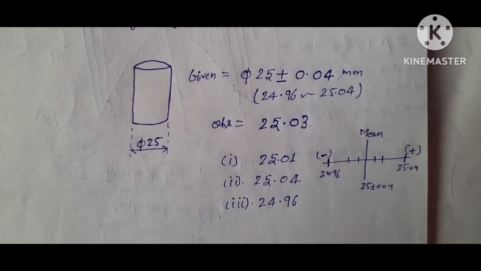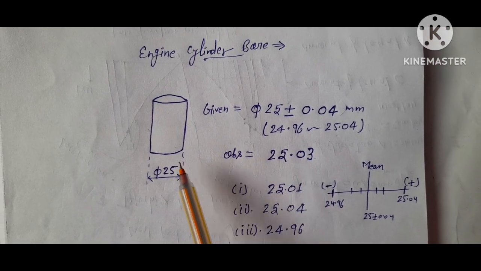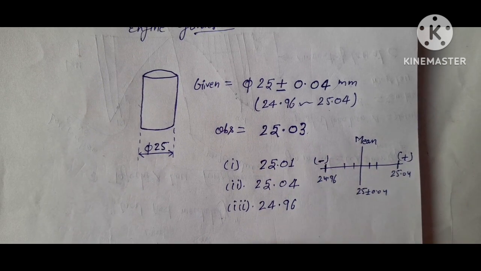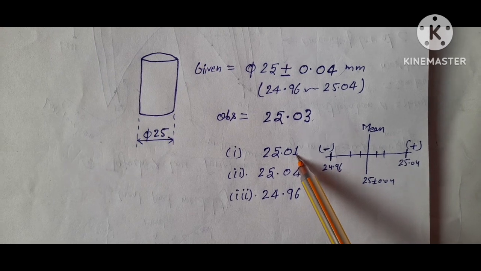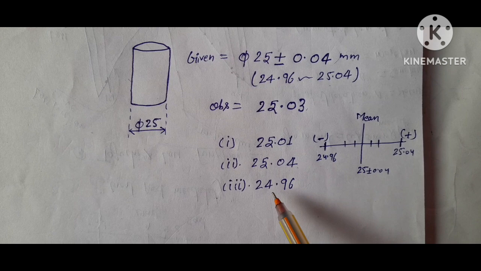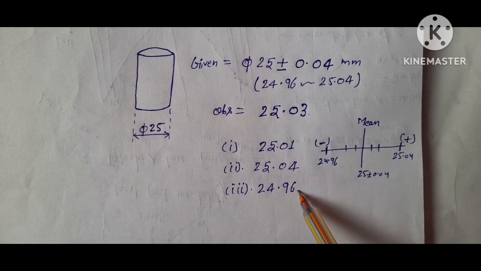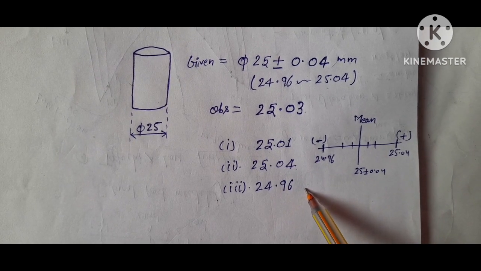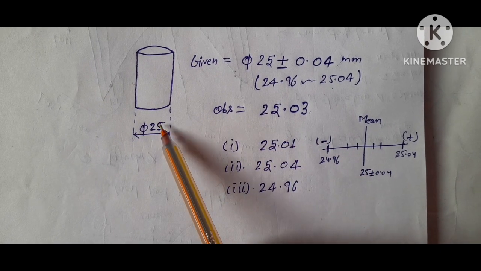But after boring, three cylinder bores were observed. The first cylinder bore has 25.01, the second one is 25.04, and the third one is 24.96. So these two cylinders are at the extreme upper and extreme lower tolerance, and the first is near the mean value.